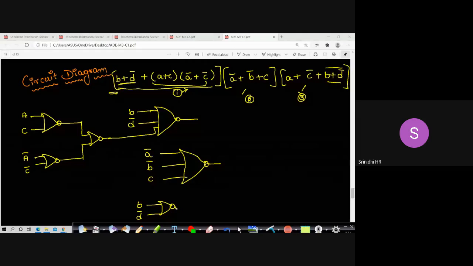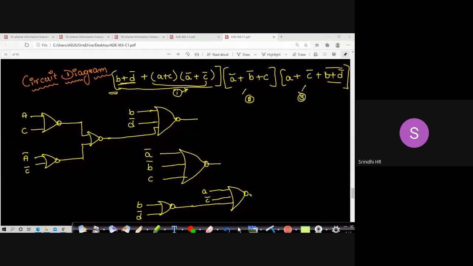So this is B plus D bar whole bar. With that I'm having A and C bar. So this is my input 1, input 2, input 3. I'll be giving it to another NOR gate here. So the output will be A plus C bar plus (B plus D bar) whole bar.